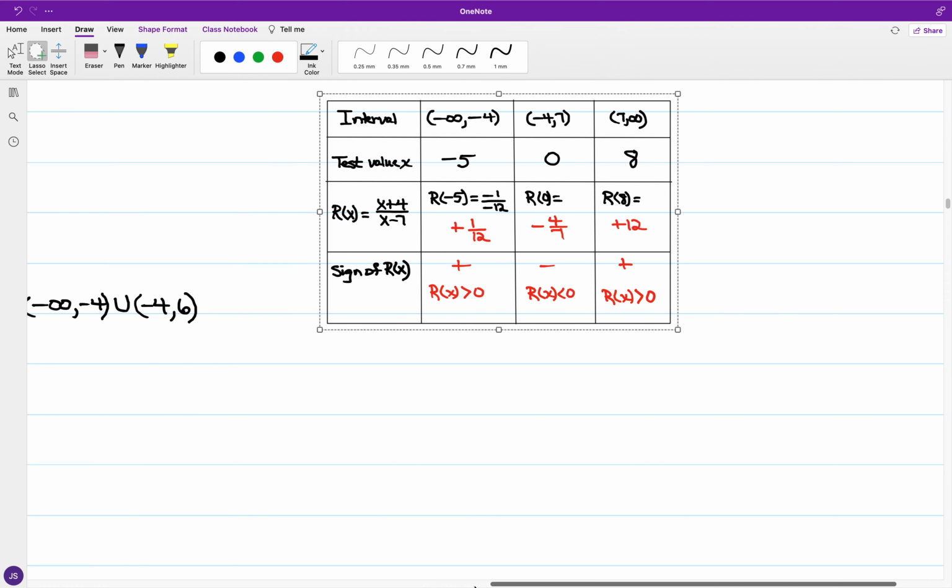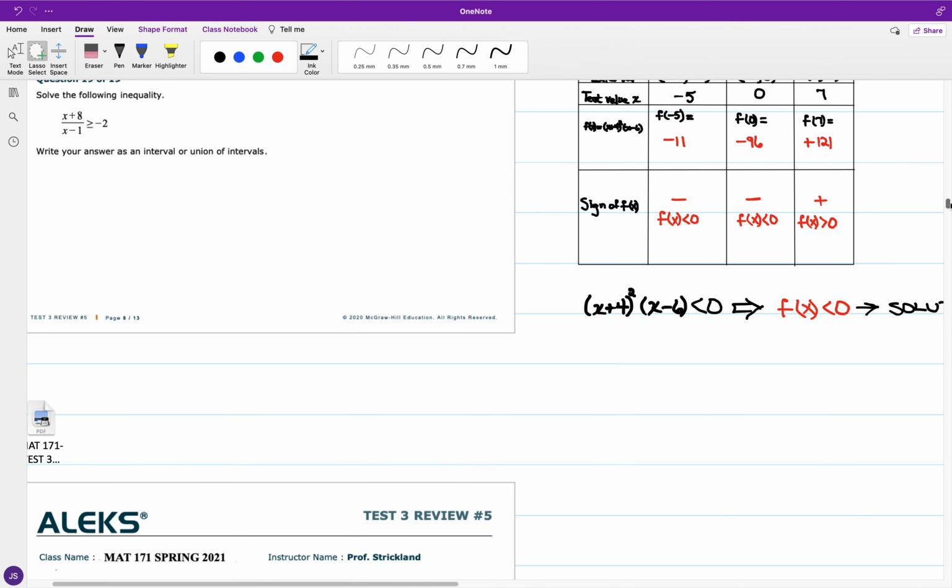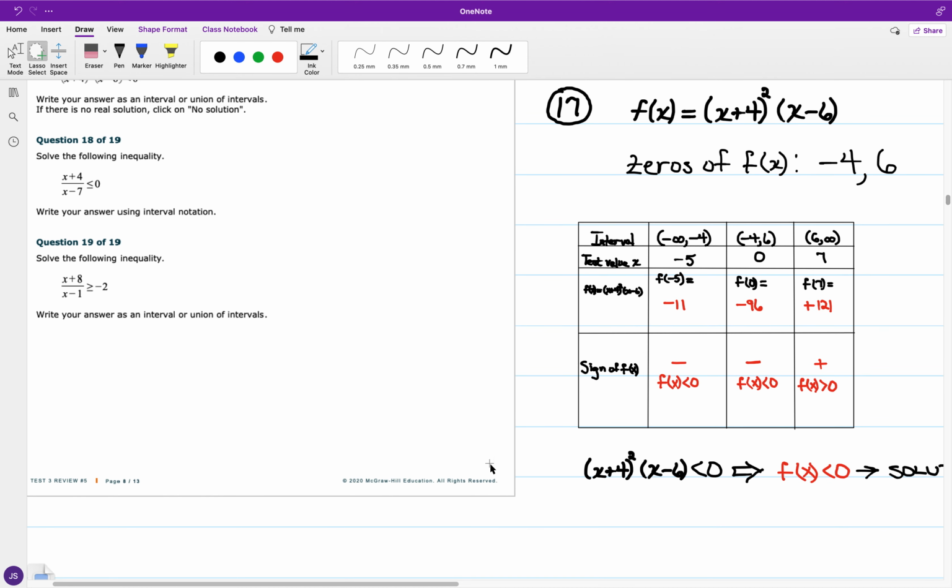Again, in the case of the inequality, that was less than or equal to 0.